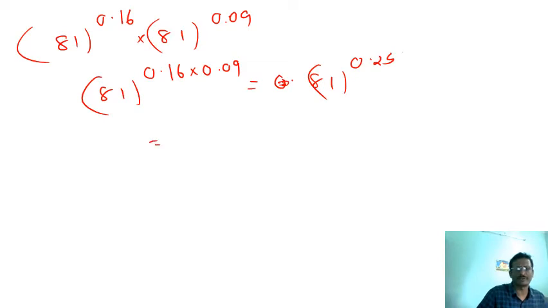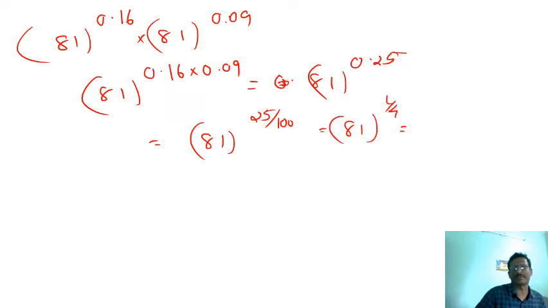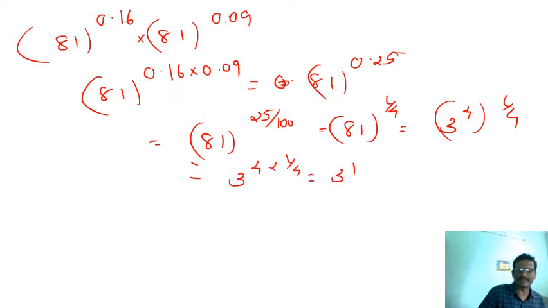So 81 raised to 0.25 you can write as 81 raised to 25 by 100. So 81 raised to 1 by 4. 81 raised to 1 by 4 is what? 81 is 3 raised to 4, raised to 1 by 4. So this is 3 raised to 4 into 1 by 4. So the answer is 3 raised to 1. So 3 raised to 1 is what? 3. So this is the answer.